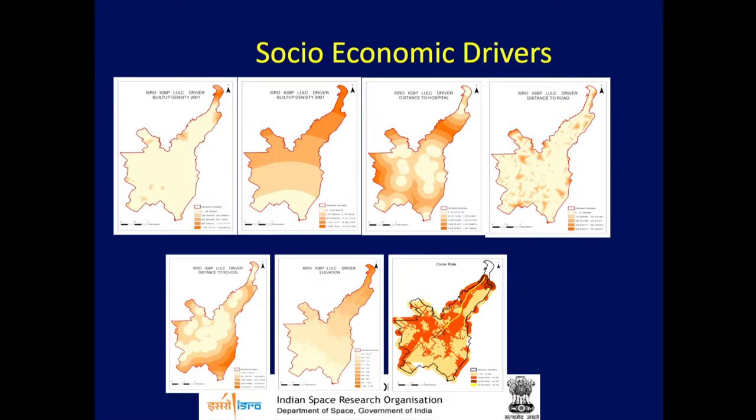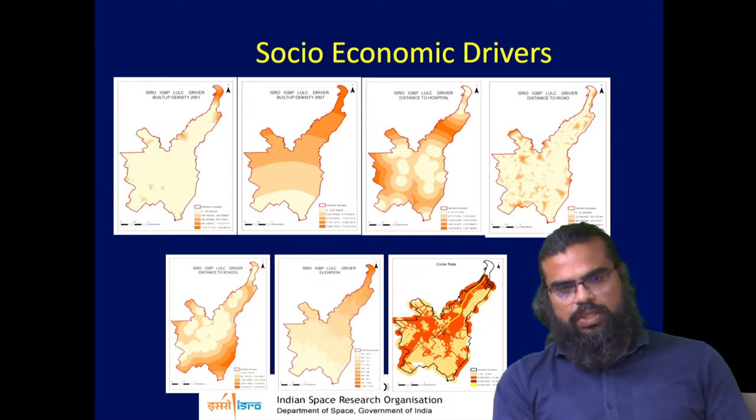Then we use a set of socioeconomic drivers, like in this case population density, or the distance to hospitals, which are basically the accessibility or services available to us, different roads and schools, the elevation, which is again an important aspect especially in hilly regions, and the existing built-up zones and so on.